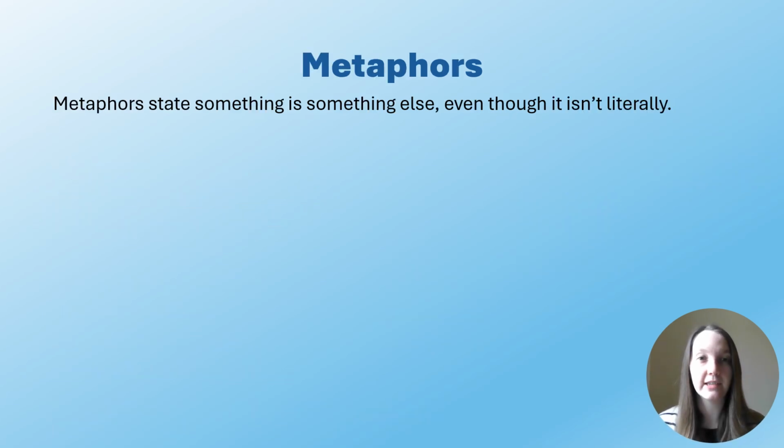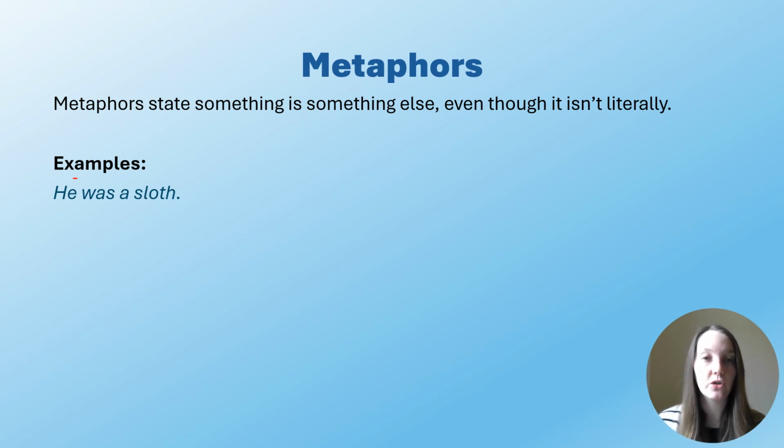Okay, so metaphors then. Metaphors state something is something else, even though it isn't literally that. I'll show you some examples so that this makes sense. Again, you can write these down. So we've got here, he was a sloth. Now, if we're talking about a human being, he's not literally a sloth. A sloth is an animal.